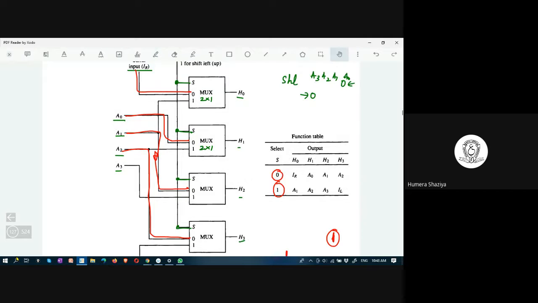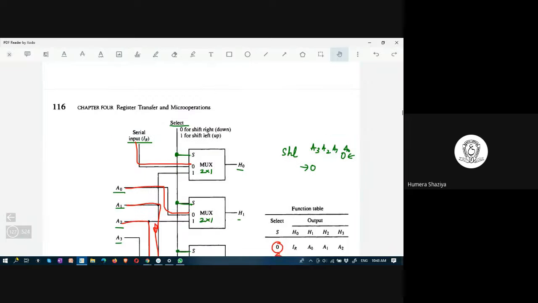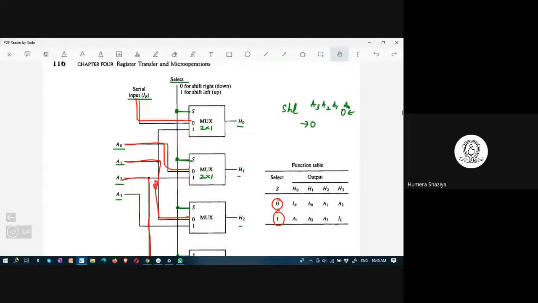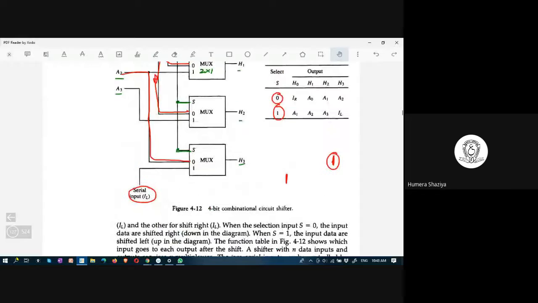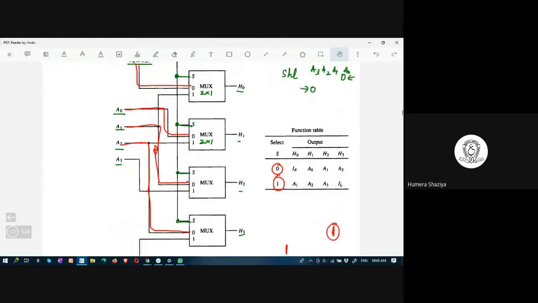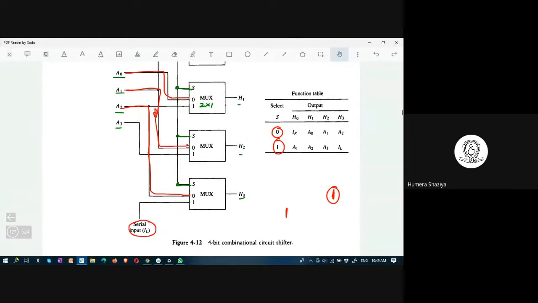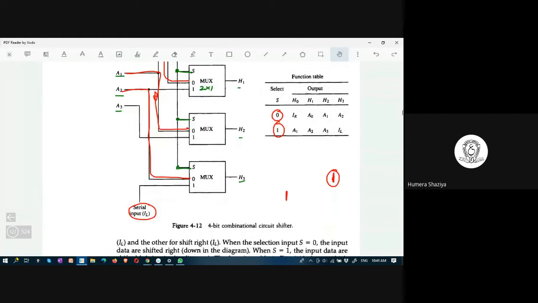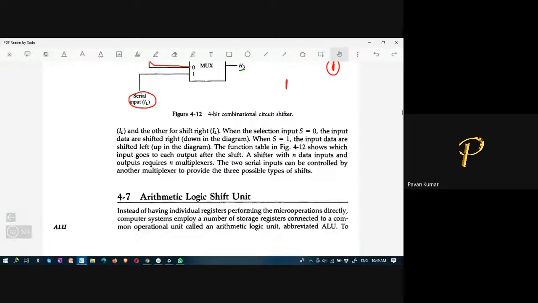The same thing is depicted in this circuit. 1 means shift left, 0 means shift right. Do you understand this circuit, student? Yes, ma'am.